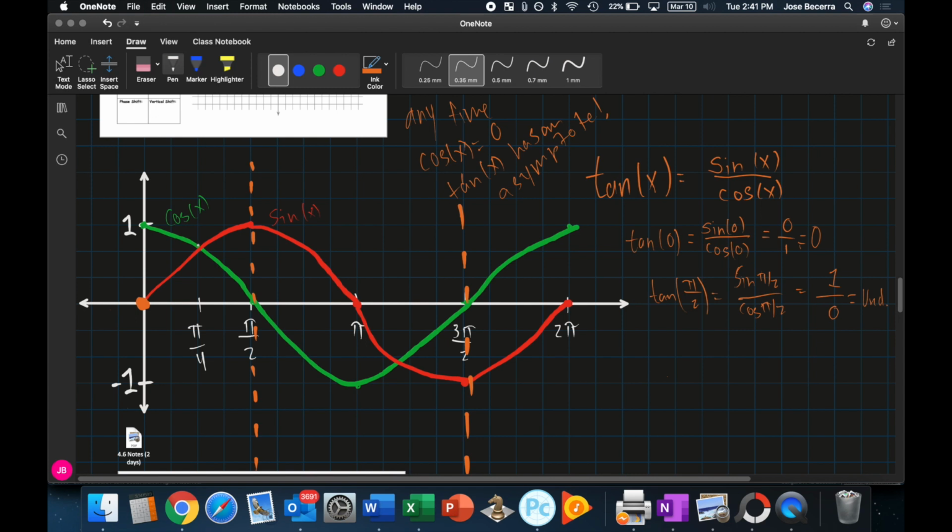Cosine and sine crossed. They basically met up at the same point. So tell me, what is the tangent of pi over 4? In other words, what is sine of pi over 4 divided by cosine of pi over 4?